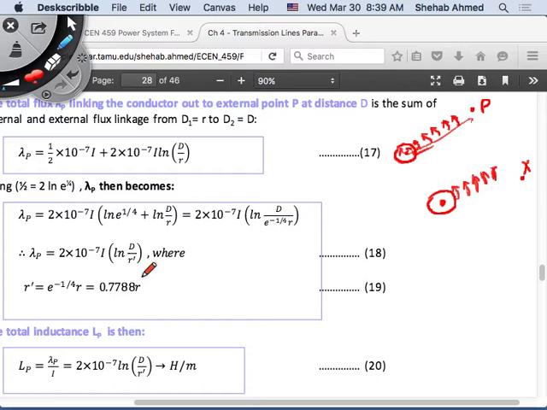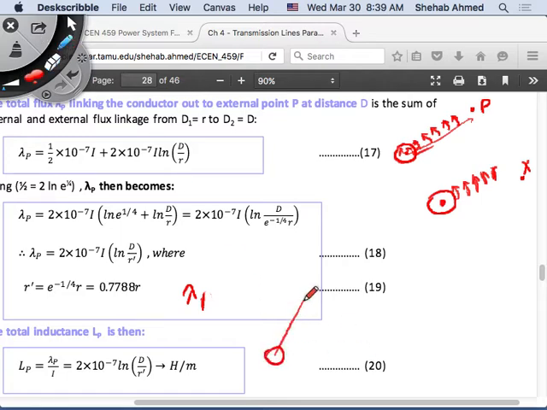How about if they see each other, if the conductors are affecting each other? Remember this equation was originally not P, it was originally 1, 2. Lambda 1, 2.